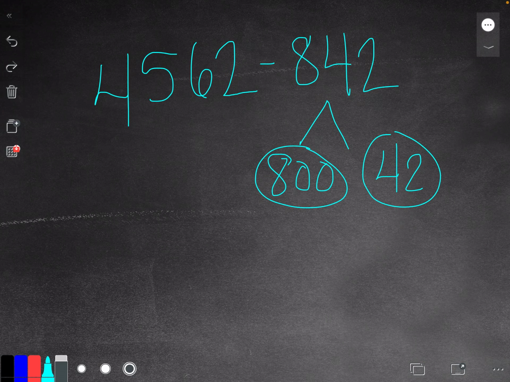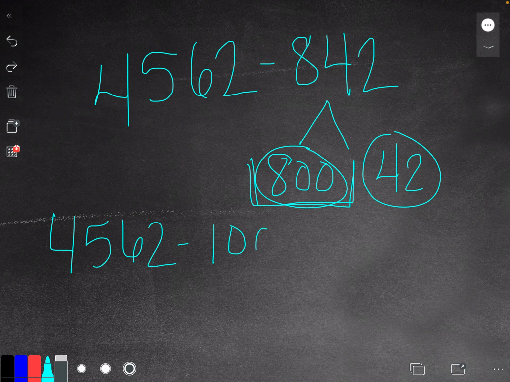So looking at that really quickly, if we were subtracting 1,000 from this, because 800 is really close to subtracting 1,000, then we would say something along these lines, minus 1,000.